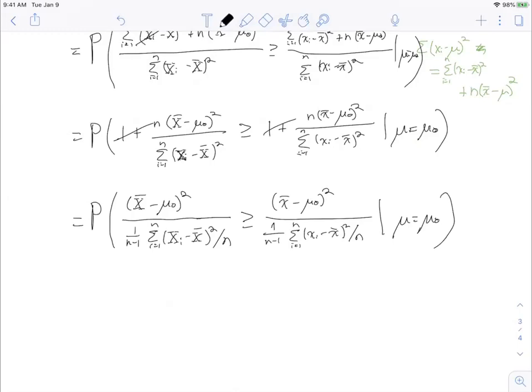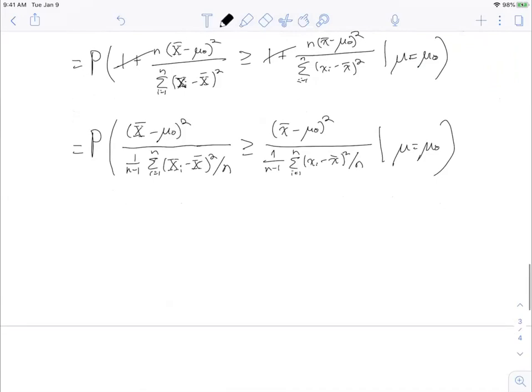All right, now we are just about at a t-statistic. The only thing that I need to do is take the square root. So this is going to be the probability, and the square root of a squared number is really the absolute value of that number. So think about -3 squared is 9. The square root of that, thinking about positive square roots, is 3.